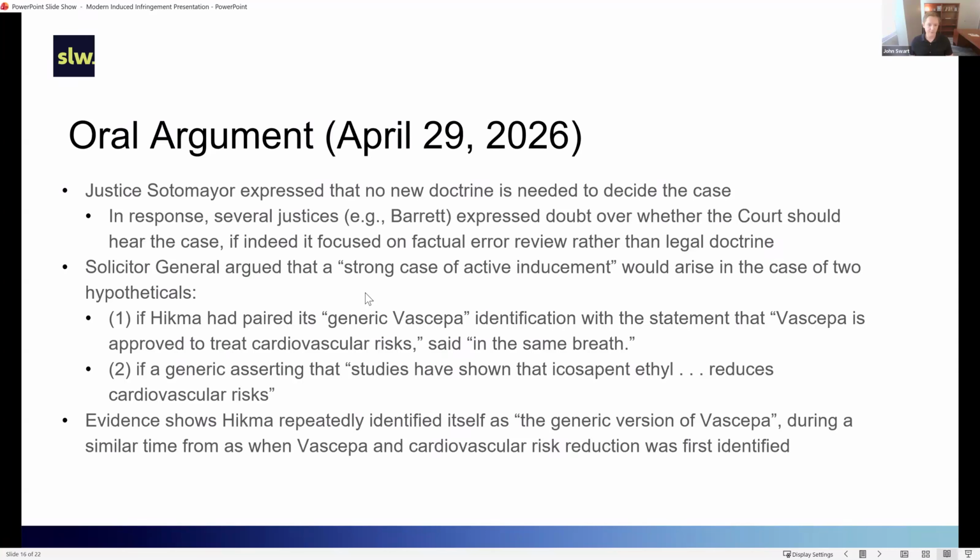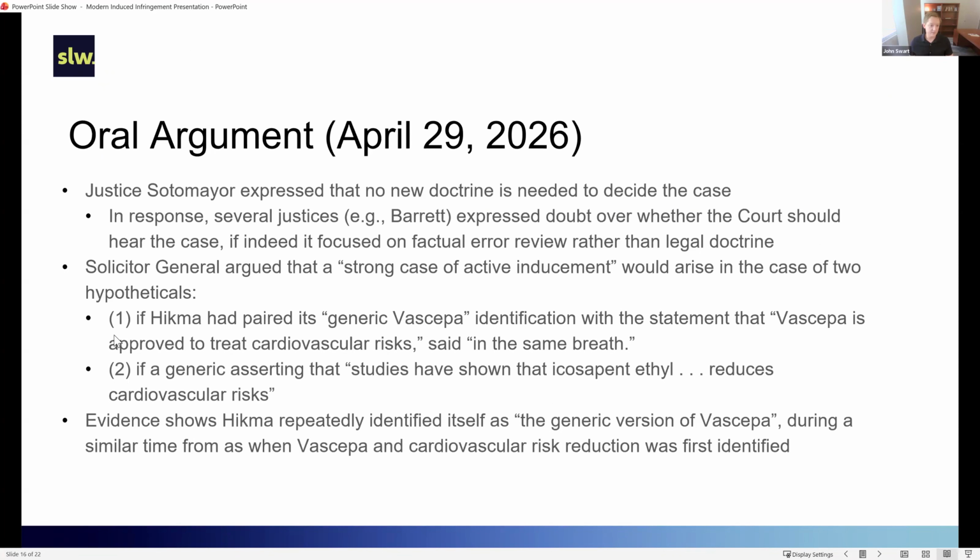So, the Solicitor General provided some more input here. They argued that a strong case of active inducement would only arise in the case of two hypotheticals. The first: if Hikma had paired its generic Vascepa indication with the statement that Vascepa is approved to treat cardiovascular risks in the same breath.